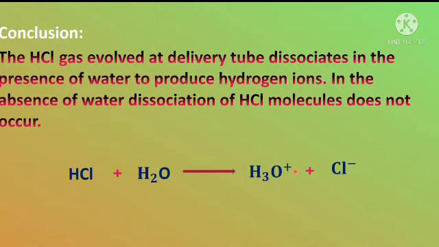H plus ions do not exist independently. They exist as H3O plus, that is, hydronium ions. Finally, Cl minus ions: cations and anions.